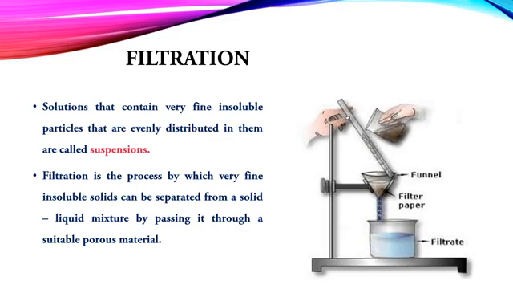A mixture of sand and water can also be separated by filtration. When the mixture of sand and water is poured on a filter paper fixed in funnel, then clear water passes through filter paper and collects as filtrate. The sand remains behind on filter paper in the form of a residue.